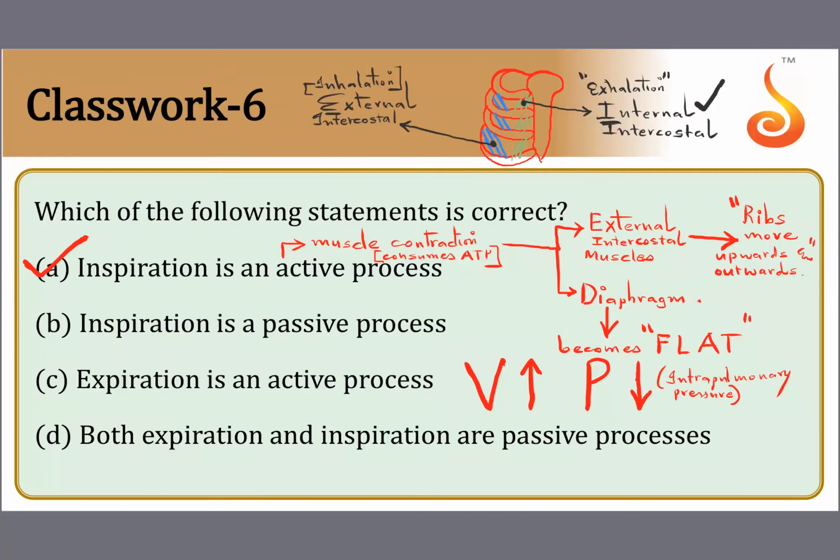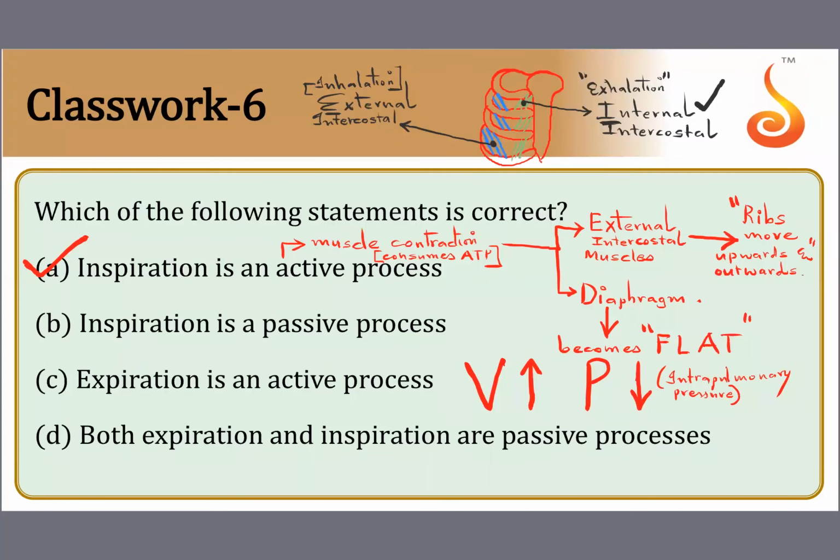Okay. The reverse happens during exhalation. So I want you to go through the exhalation process. It is just the opposite. The external intercostal muscle will relax, the diaphragm will relax, the ribs or the chest will move inwards and downwards, the diaphragm will move up, it will become dome shaped. So literally your lung is getting squeezed from all the sides, so the volume will decrease and the pressure will increase.